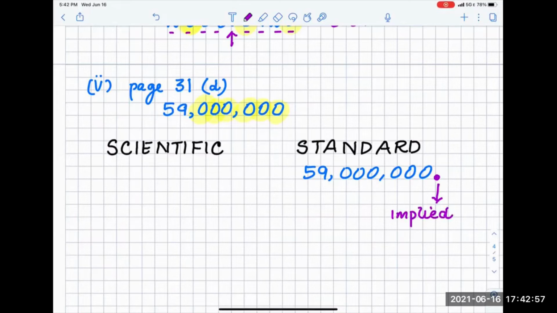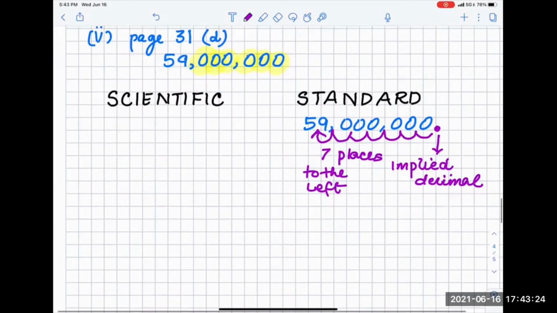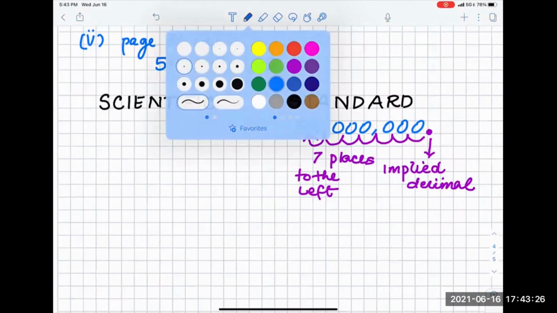This decimal can be moved: 1, 2, 3, 4, 5, 6, and 7. So you move 7 places to the left.